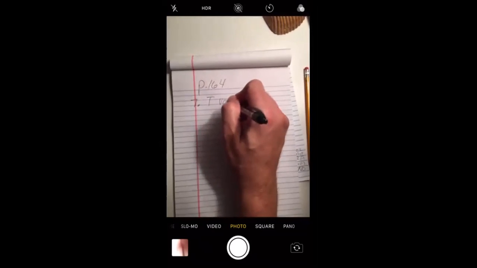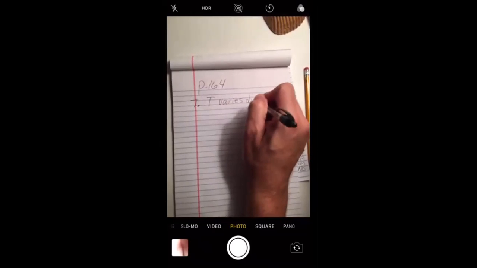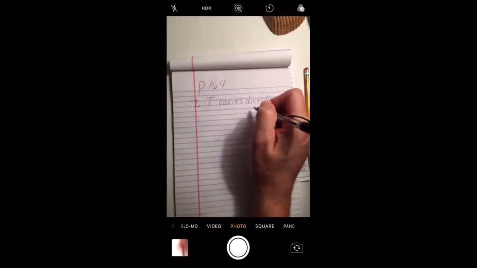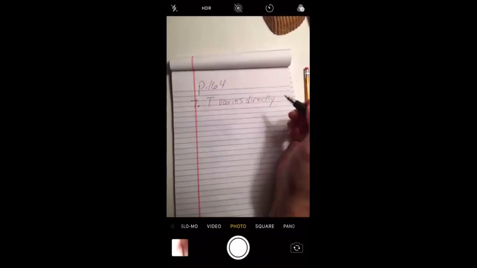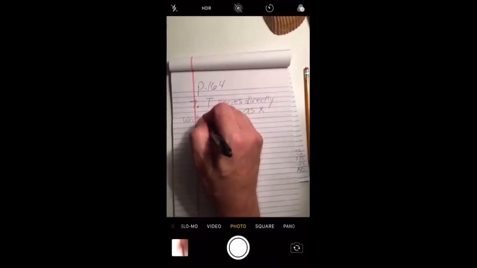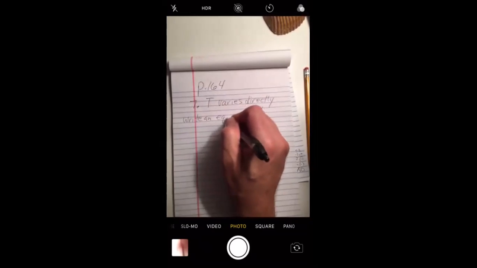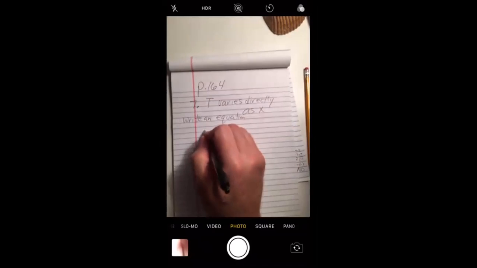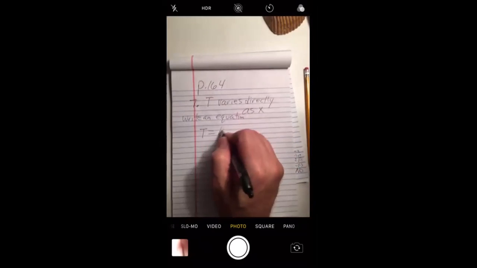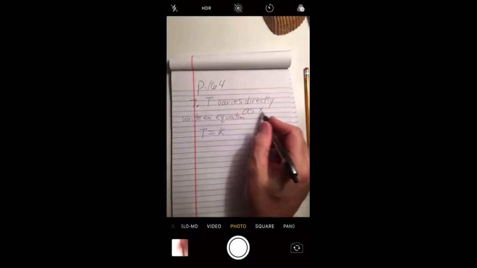T varies directly with X, or as X. They just want you to write an equation. That's the way they word it. You start with T equals K, and they got just one letter, X. That's all they want. Hard to make this complicated.